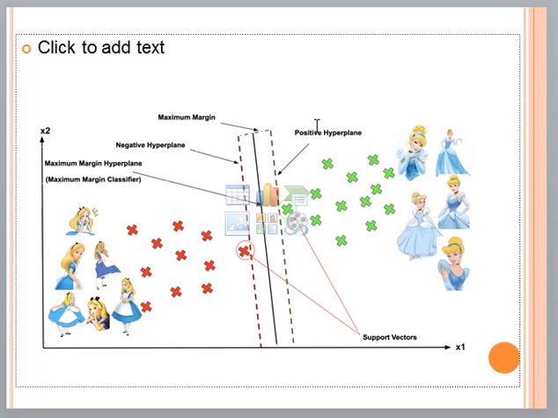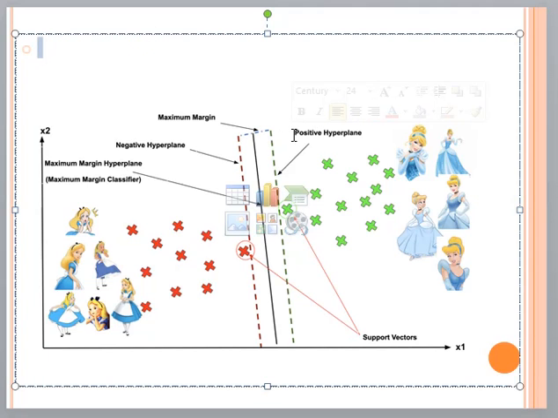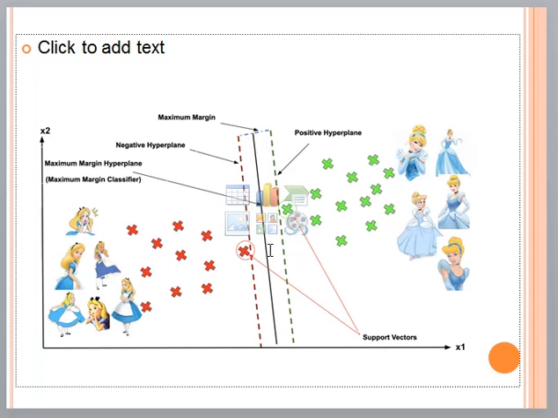So I can say that this middle one is a hyperplane which has a maximum margin from all the support vectors, and these two other hyperplanes can be considered as a negative hyperplane and a positive hyperplane. But the maximum margin classifier will be only this middle hyperplane here.